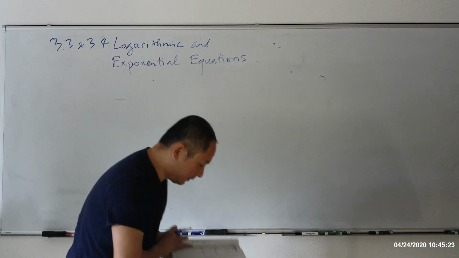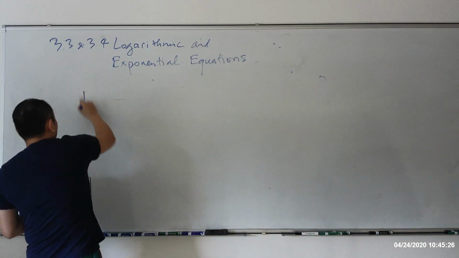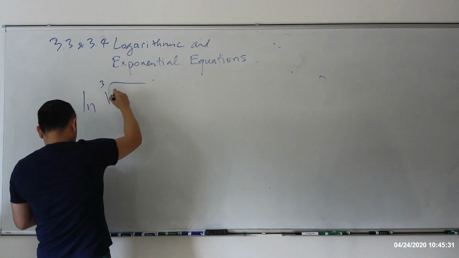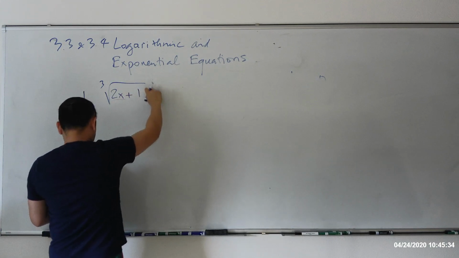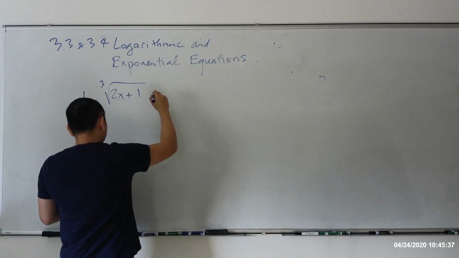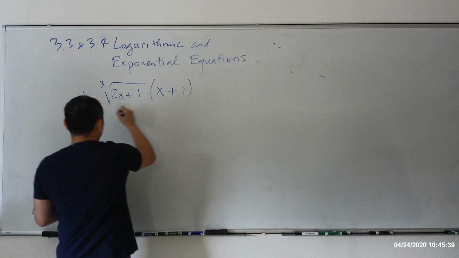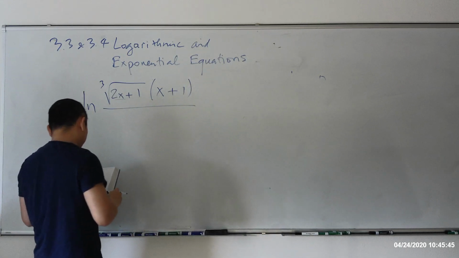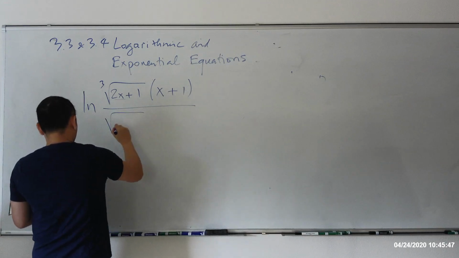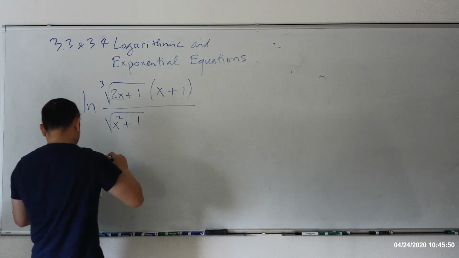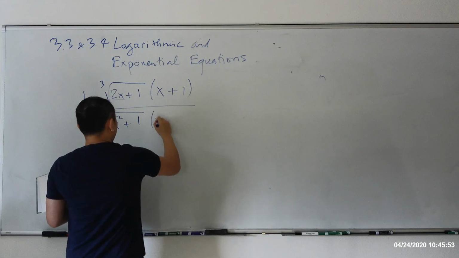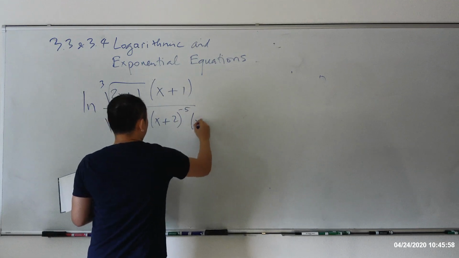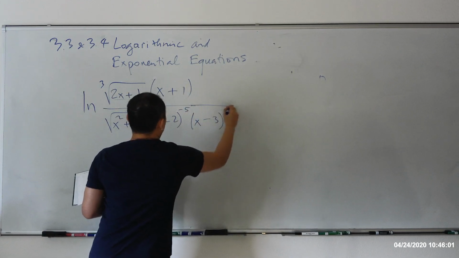All right, I have this: ln of the cube root of 2x plus 1 times x plus 1, over, let's choose something, the square root of x squared plus 1 times (x plus 2) raised to the negative 5 times (x minus 3) squared.